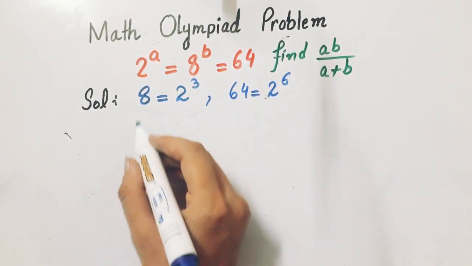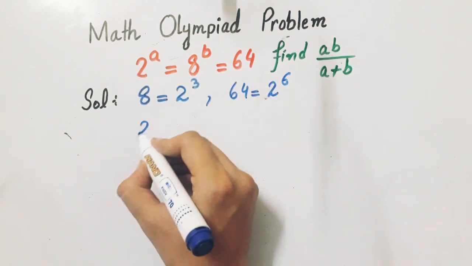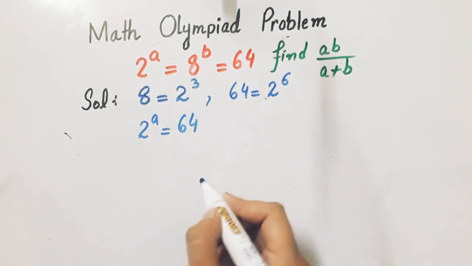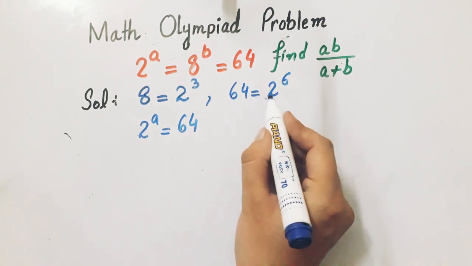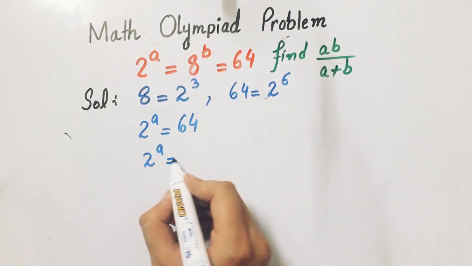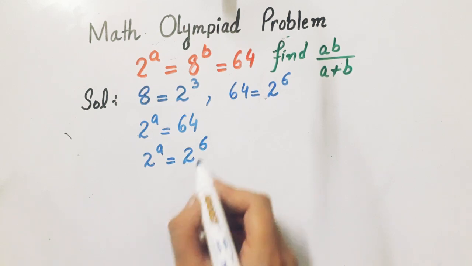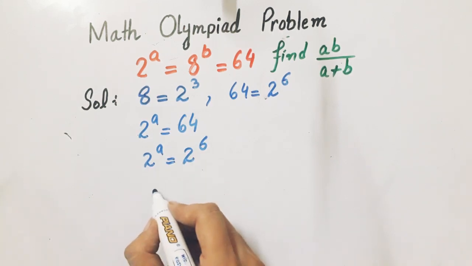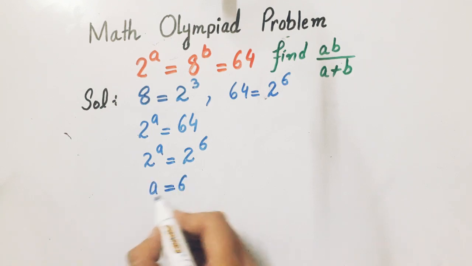In this way, you can write 2 raised to power a is equal to 64, and 64 is equal to 2 raised to power 6. It means 2 raised to power a is equal to 2 raised to power 6. If the base is the same, you can compare the powers, so a is equal to 6.